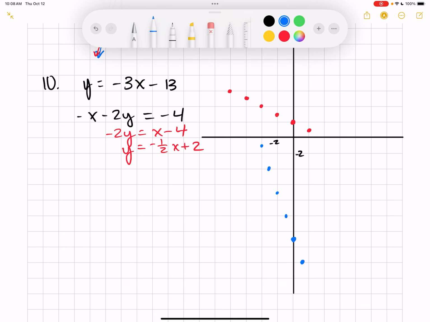All right, I'm going to pause there for a second, and then I'm going to keep going with the blue ones. So what was that? Up 3, back 1. Okay. So, not perfect, but as close as it's going to get, more than likely.